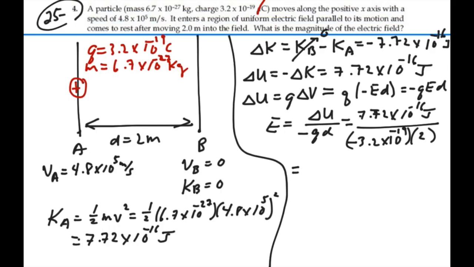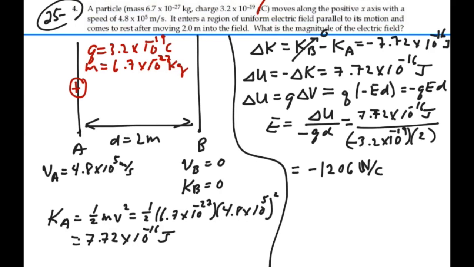So we are going to get what? By 3.2, a negative 1206 volts. I'm sorry, newtons per coulomb or volts per meter.